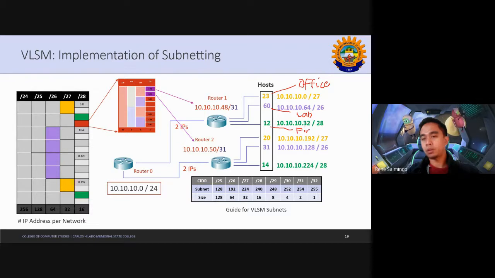So there are 12 in the finance, and we have 20 also in another office. Let's say this is office 1, office 2, and this one would be for lab 1, and this is for your lab 2.